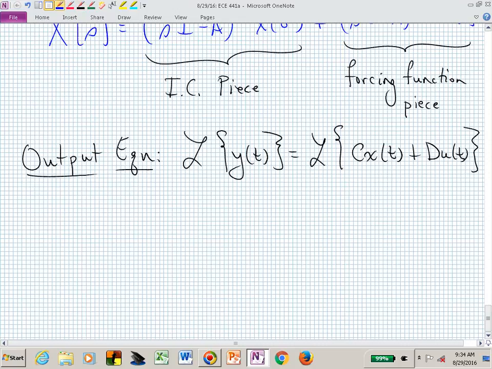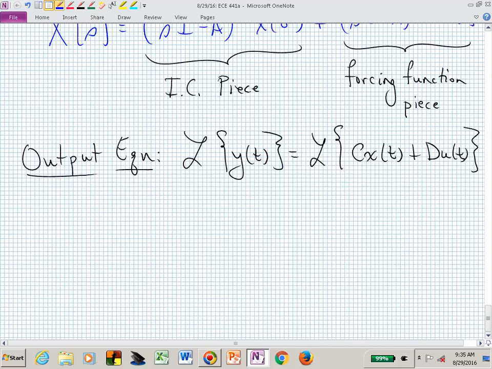Do I have any dynamics in this equation? Is there any derivative? That's how I am measuring or commenting on dynamics. Do I have any dynamics or derivatives in this output equation?